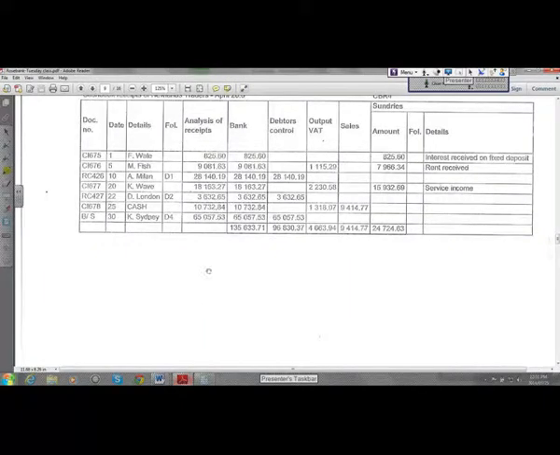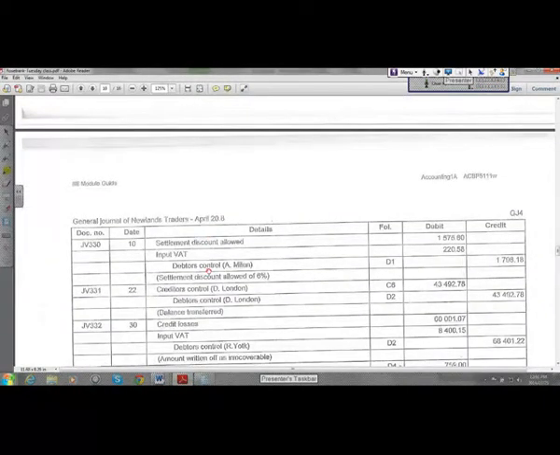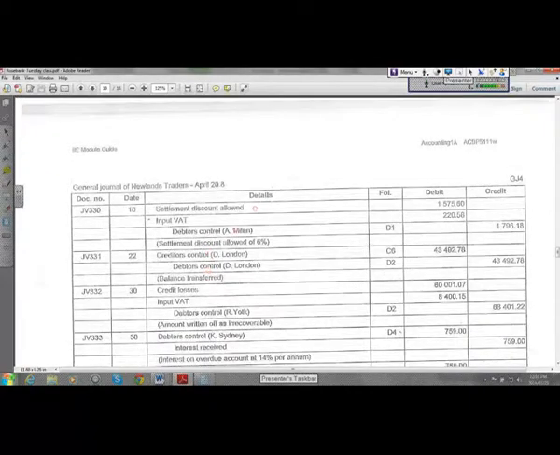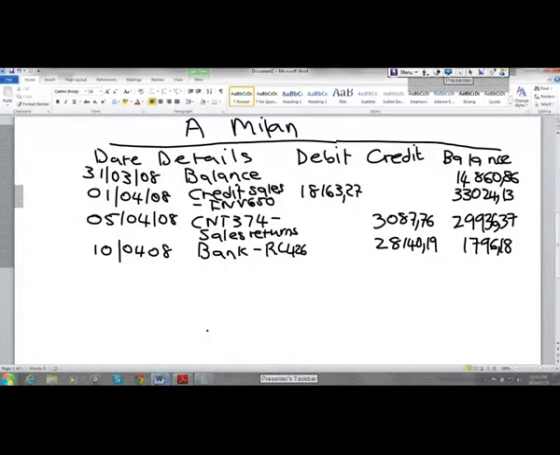So, A Milan. Okay, so you can see what this is actually saying. It's actually saying that balance was given to him as a settlement discount. All right, so let's go there and record this one. So it's JV330. So the date is the same, the 10th April.